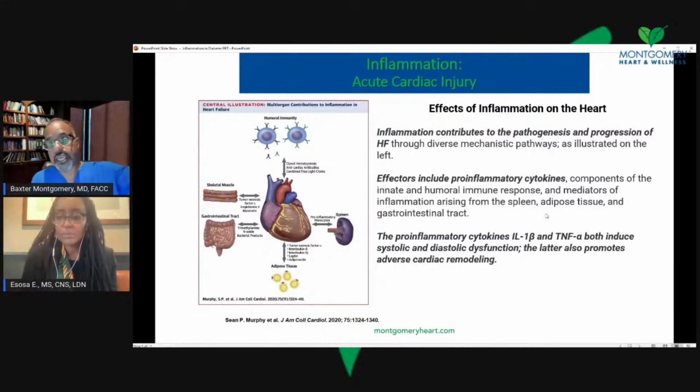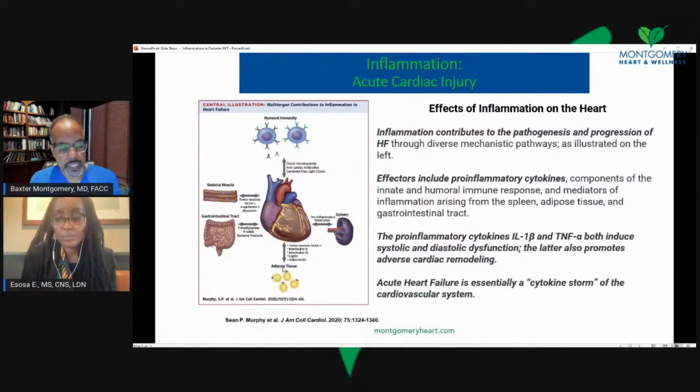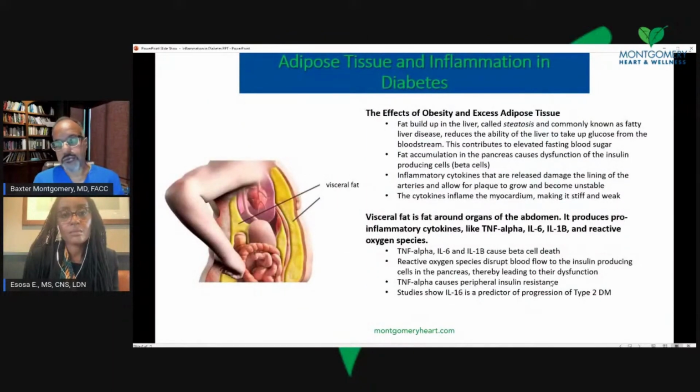So these same cytokine mediators have an effect on diabetes and on heart failure. And like I said before, acute heart failure is essentially a cytokine storm of the cardiovascular system. If you think of heart failure as a cytokine storm of the cardiovascular system, an acute onset of type 1 diabetes is a cytokine storm of the pancreas, or of the metabolic system. I threw that in there to show the connection.